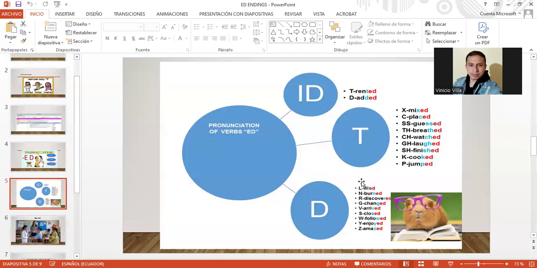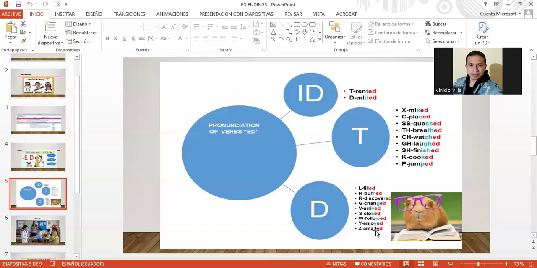Let's continue to the third phoneme, D, and the same way. Look very carefully at the light blue letters before ED, and they have to pronounce each one.